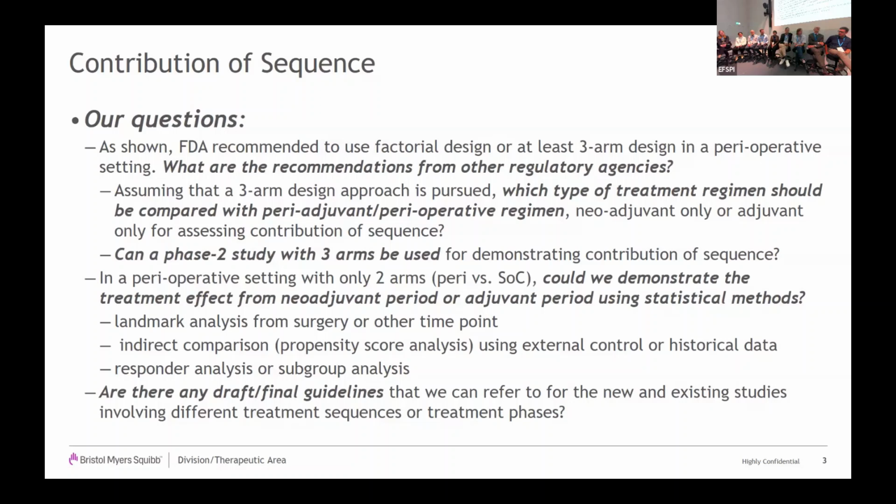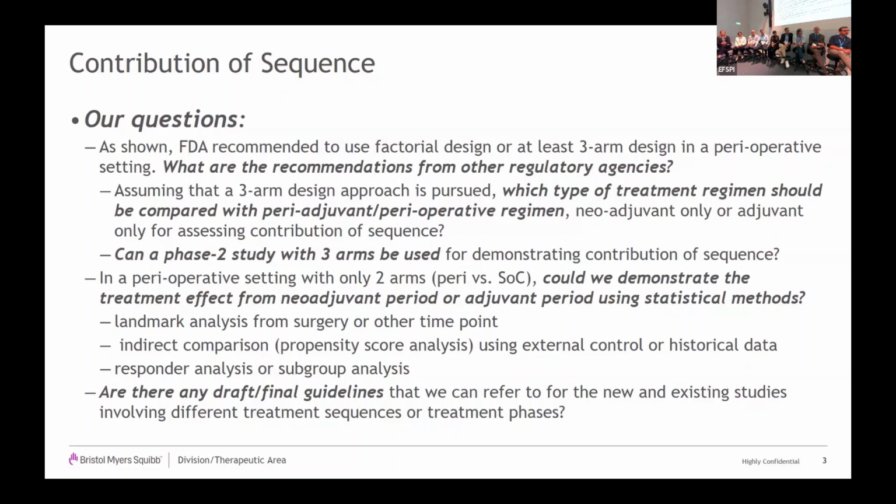Agree, yes. And so for the existing 2-arm trials, there could be the same study but with a different period. Actually in BMS we are having the kind of sister studies, where the first study is in the neoadjuvant period only, and then patients go through surgery and they stop.